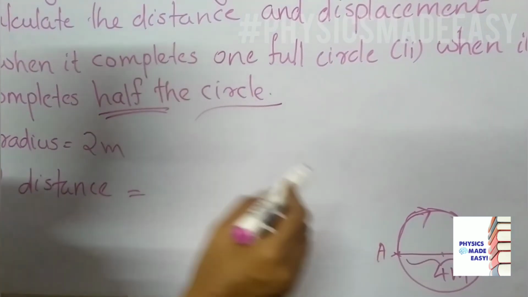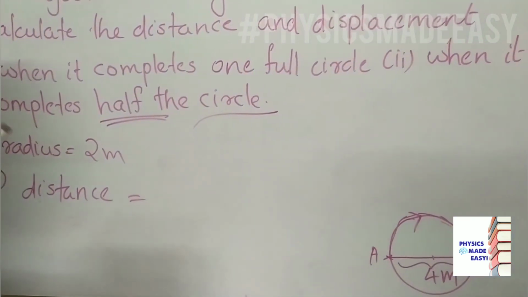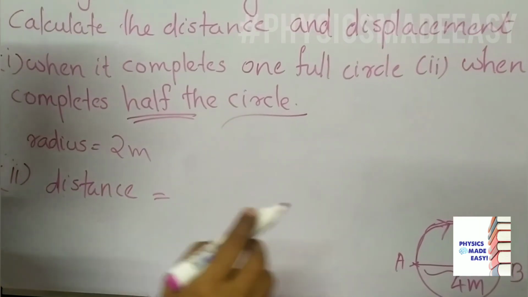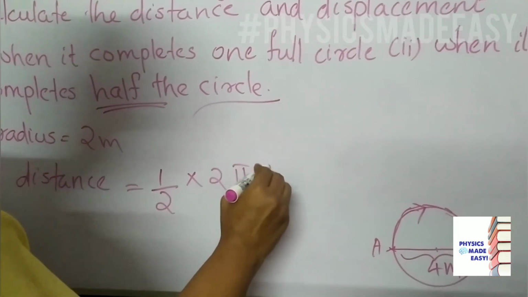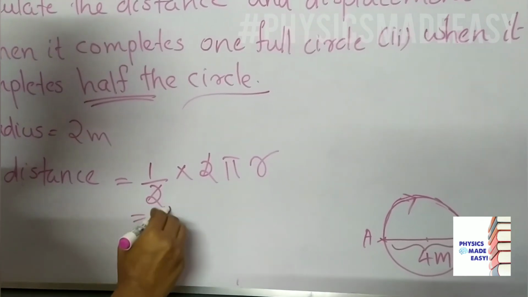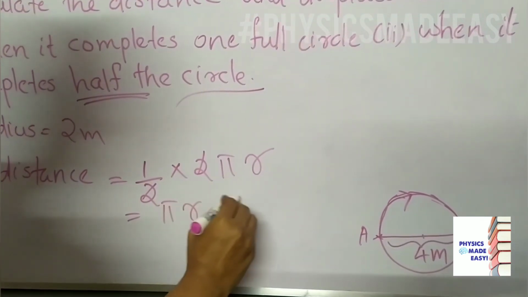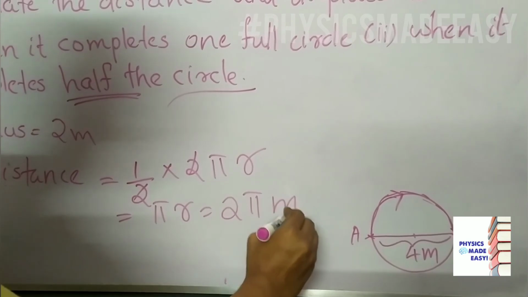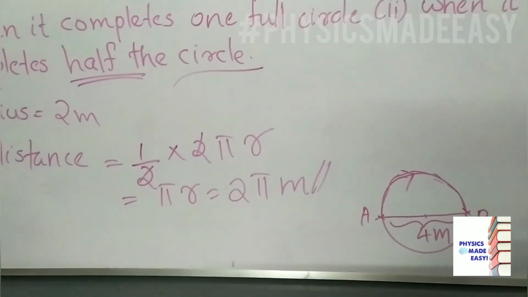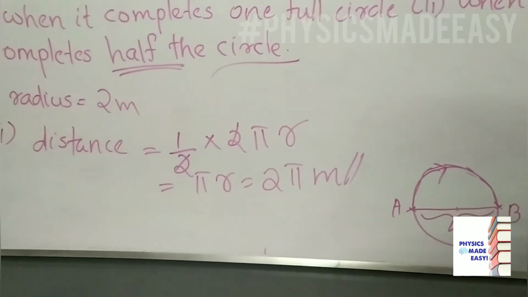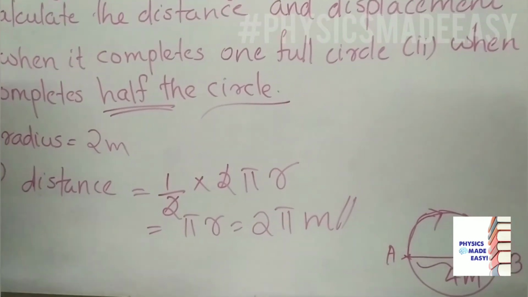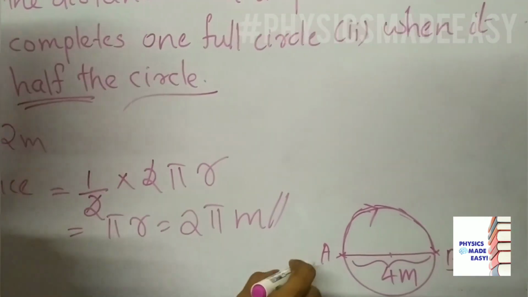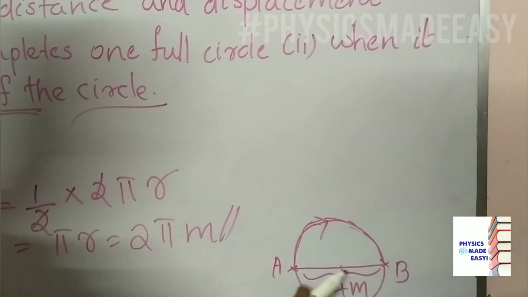So here how to find the distance? Half of the circumference of that circle. So half into 2 pi r. You can cancel 2, then you will get pi r, that is 2 pi meters. This is the distance traveled by that object. Then what about the displacement? You know, displacement is the shortest distance between initial and final positions.